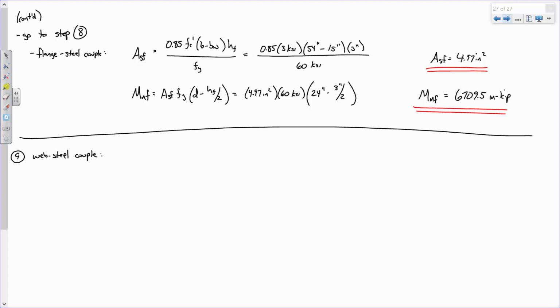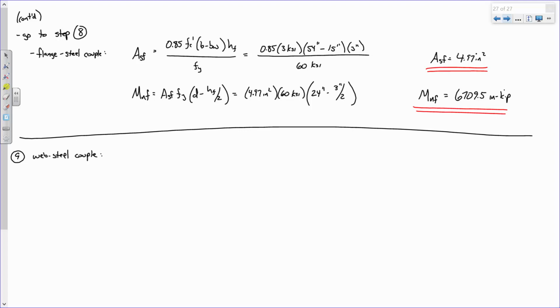So set this term here equal to MU, and just solve for what we want, which is that. So bring that over, divide by phi, that's all I'm doing, okay?